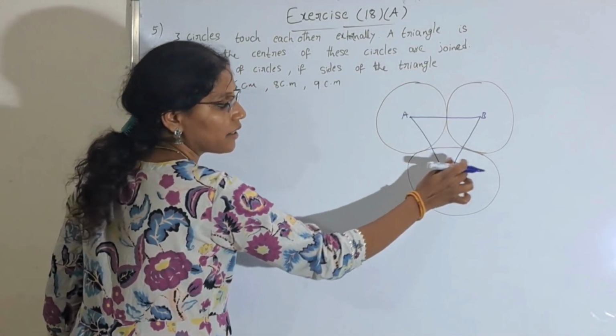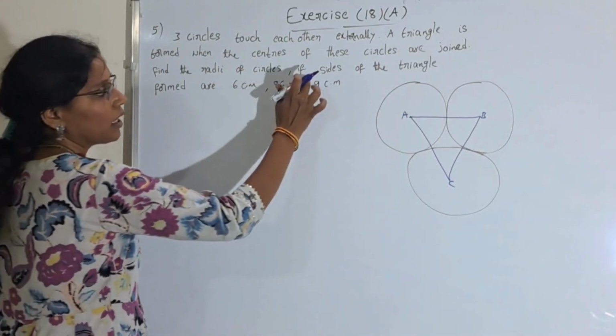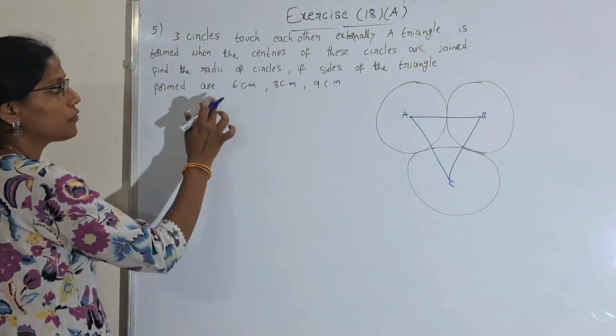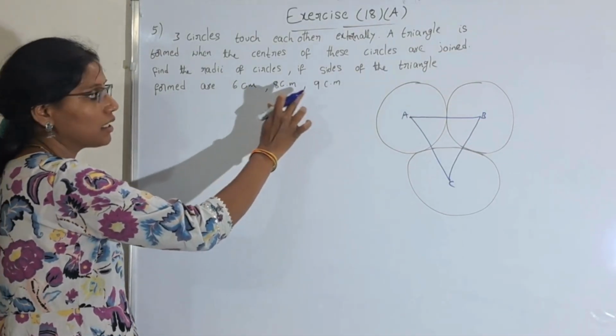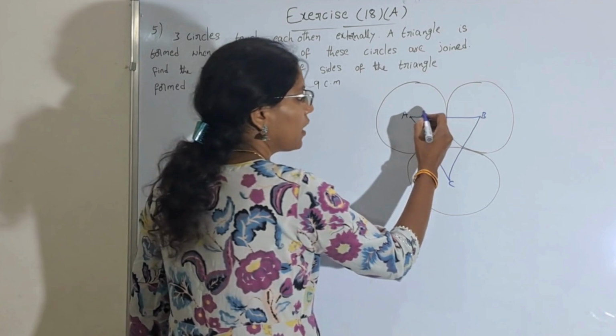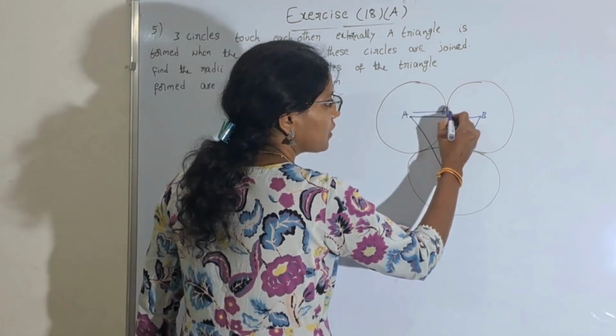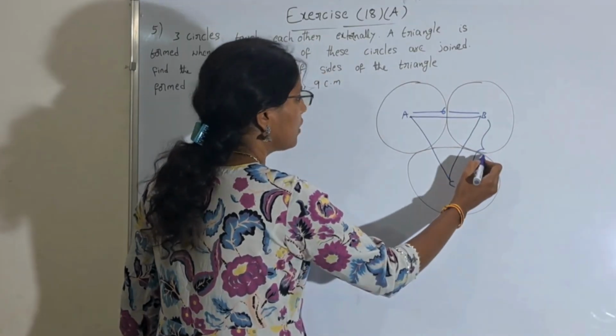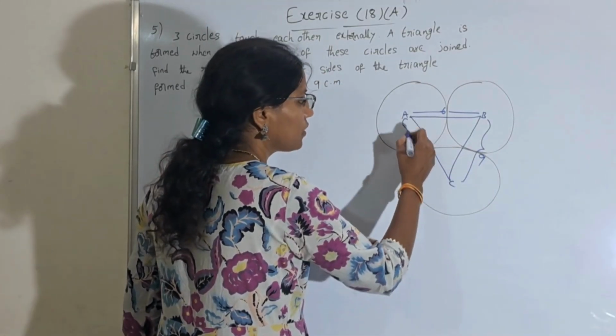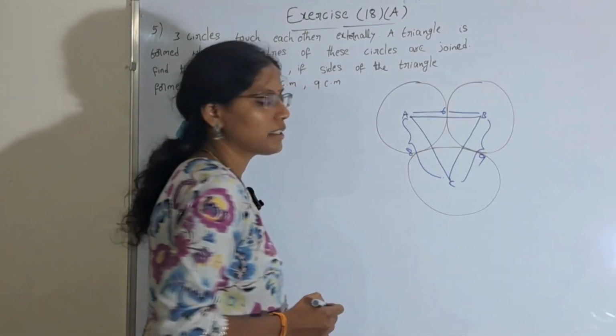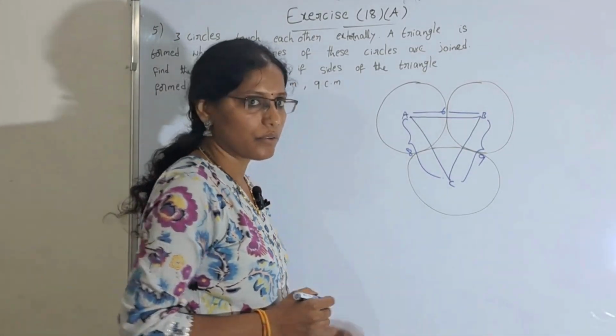We have to find each circle's radius, if the sides of the triangle formed are 6 centimeters, 8 centimeters, 9 centimeters. Here 6 centimeters, here 9 centimeters, and this is 8 centimeters.